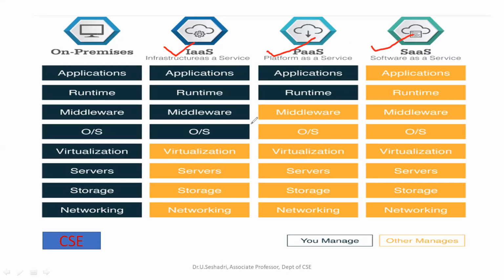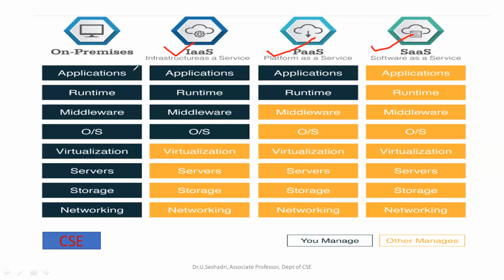In an on-premise environment, everything we have to take care of and manage: networking, storage, servers, virtualization, operating system, middleware, runtime, and the application. In an on-premise environment, everything we have to manage.